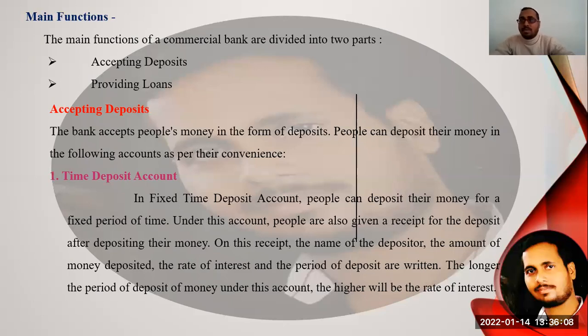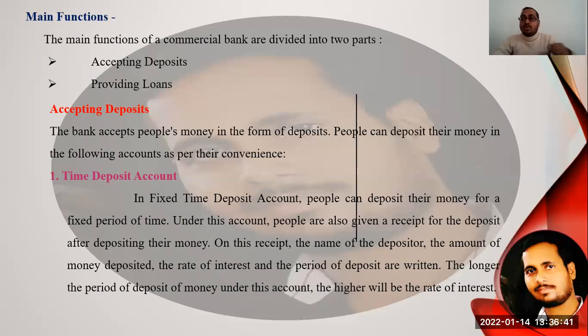On this receipt, the name of the depositor, the amount of money deposited, the rate of interest provided by the bank, and the period of the deposit are written. The longer the period of the deposit under this account, the higher the rate of interest provided by the bank, because the bank can safely use that money for such a period.